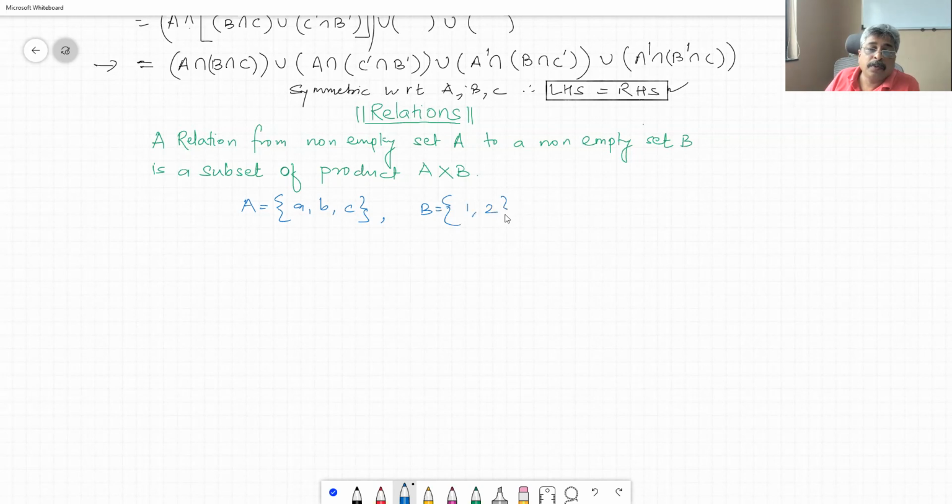B is 1, 2. So let us first write down A cross B. A cross B is all possible ordered pairs: A comma 1, A comma 2, B comma 1, B comma 2, C comma 1, C comma 2.